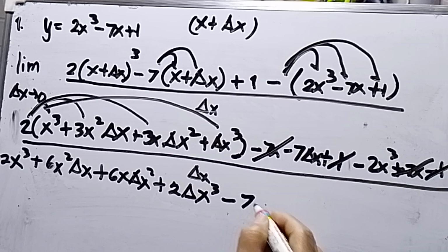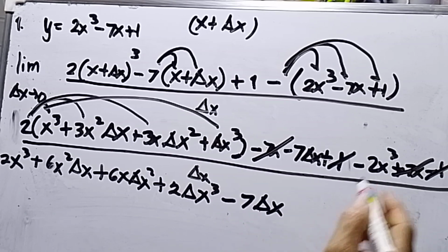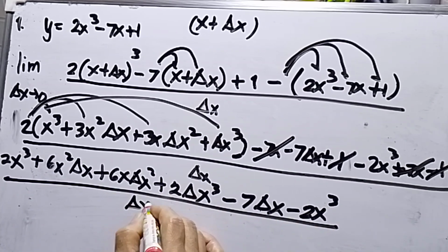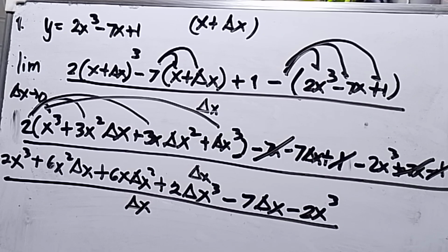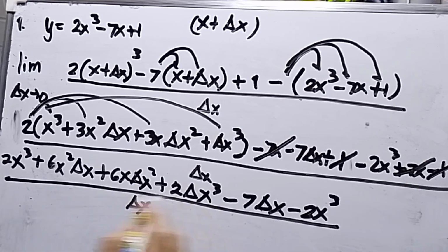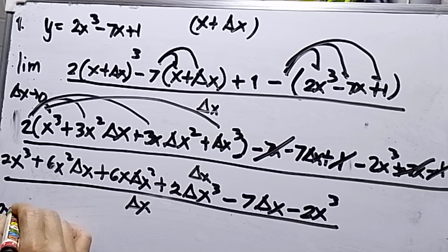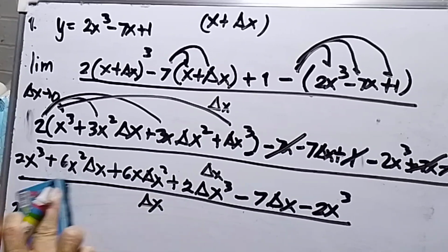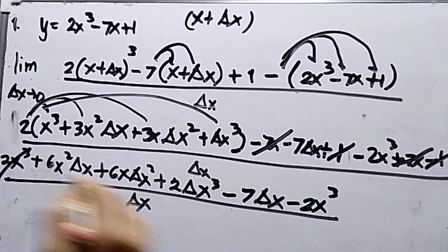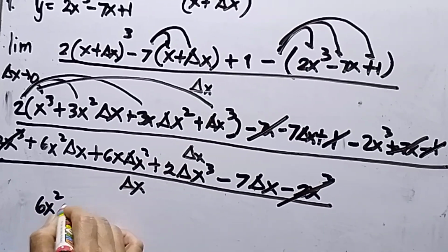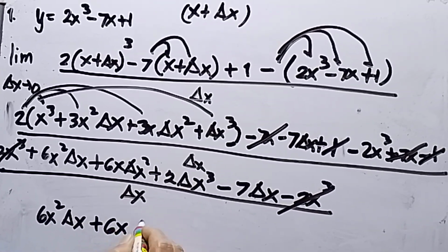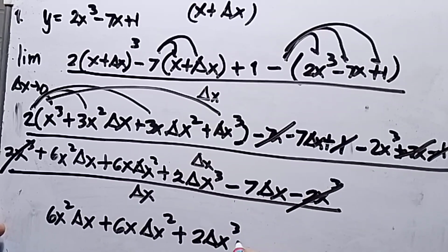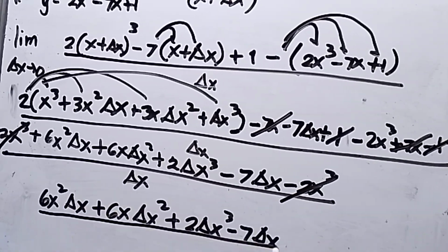So this will be 7 delta x, and then minus 2x cubed over delta x. By the way, 2x cubed should be crossed out because there is another one, the last is negative 2x cubed. So I have here 6x squared delta x plus 6x delta x squared plus 2 delta x cubed minus 7 delta x all over delta x.